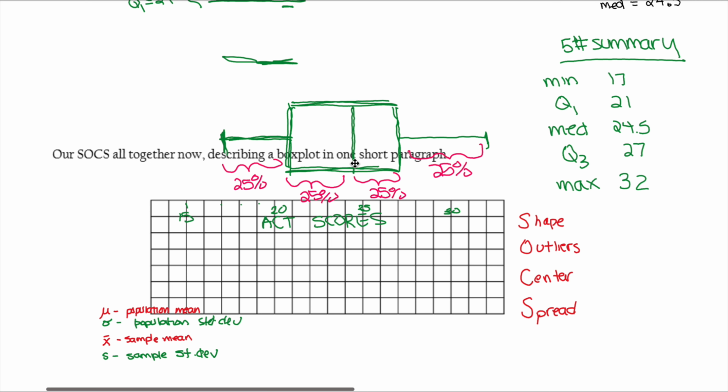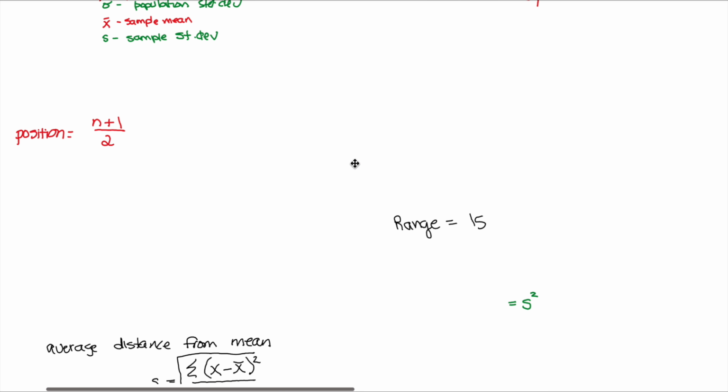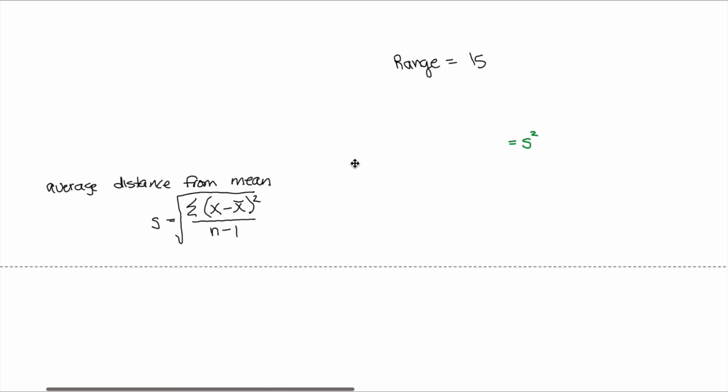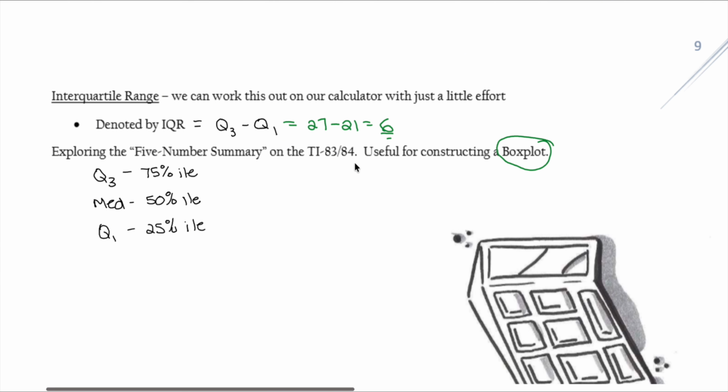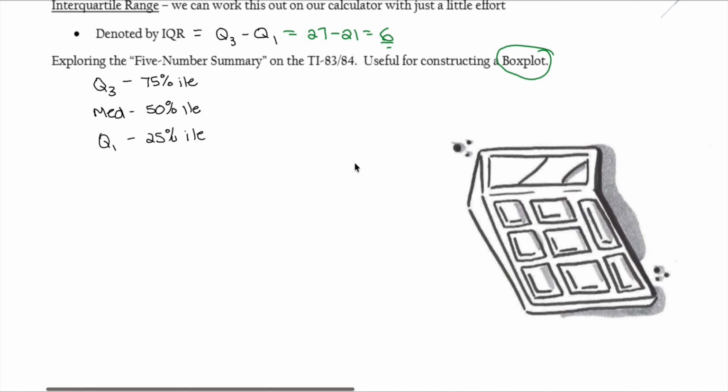And after you select it, for the X list, use L1, and for the frequency use L2. Yeah, and definitely you have to enter all of your data into the tables first. Usually all of the data on the x-axis will be in list 1, and all of the data on the y-axis will be in list 2.